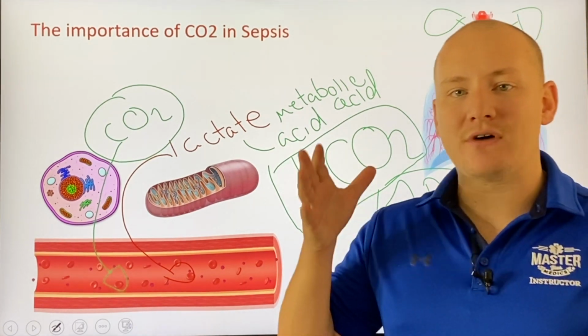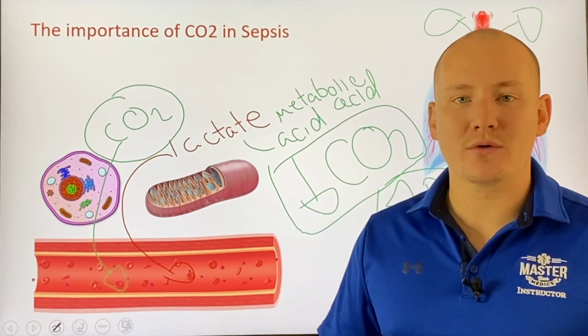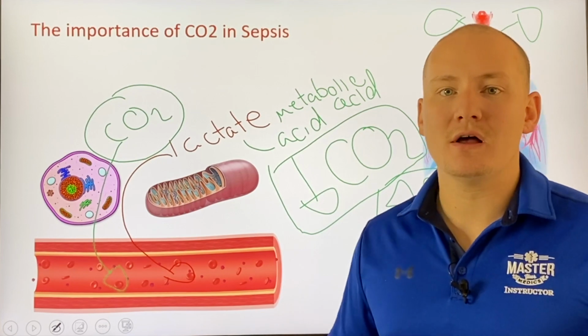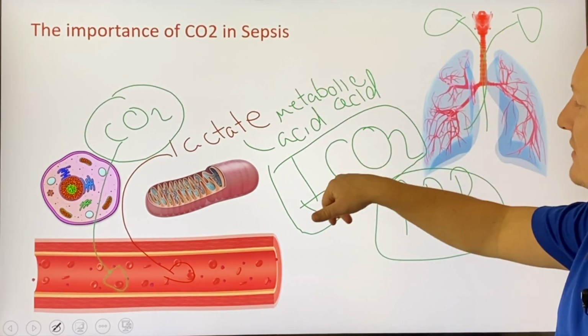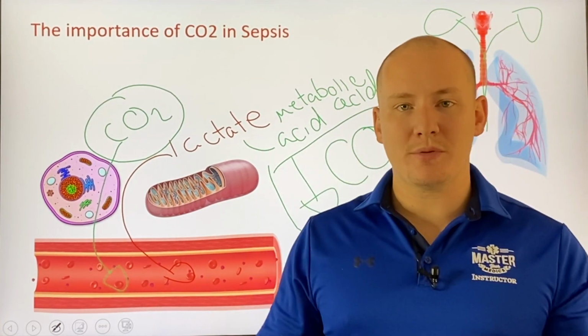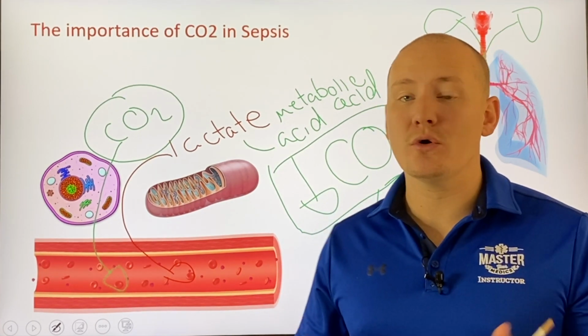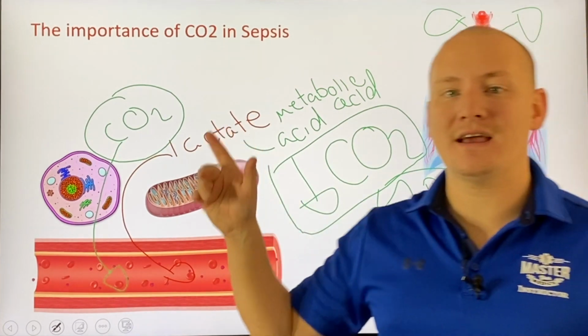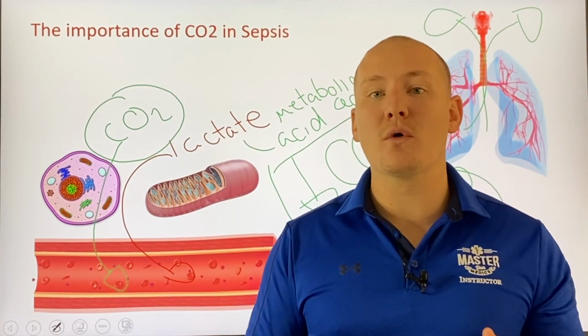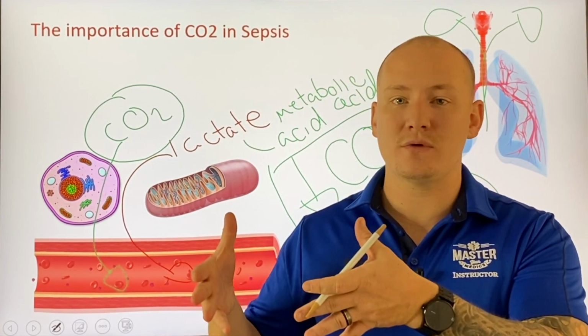So if we have a high resp rate, we have a fever, we have a patient that's not feeling well, and then we also have a decreased CO2, those are really good positive findings of a septic patient and correlate to a possibly elevating lactate that needs to be taken care of before it gets out of control and this patient needs to end up in an ICU.